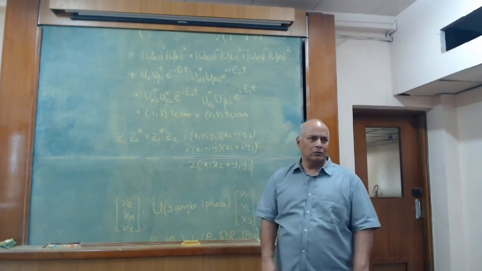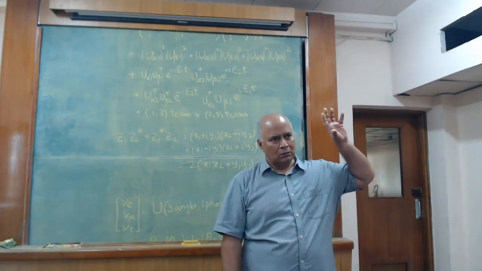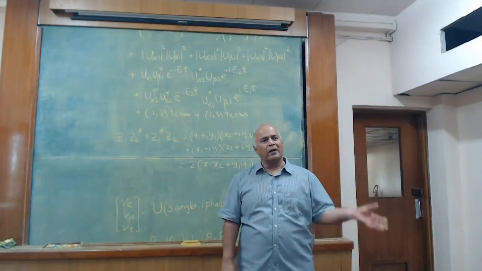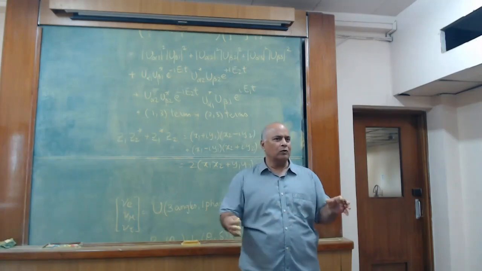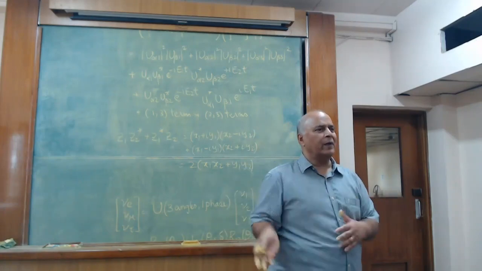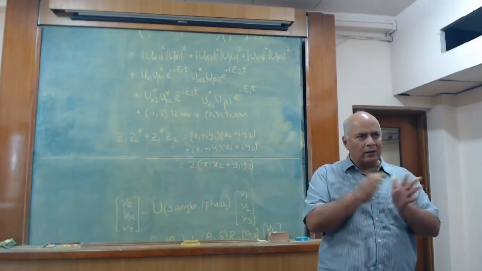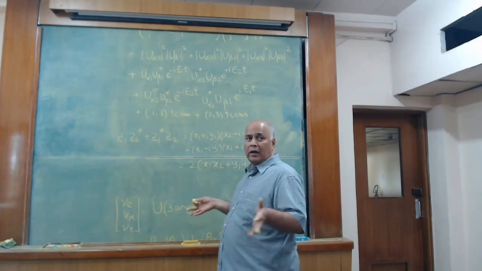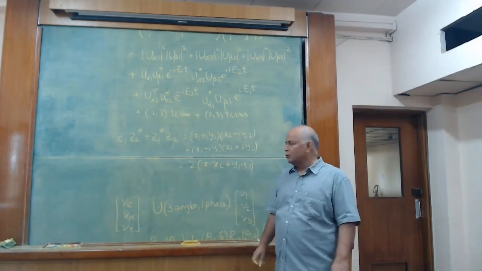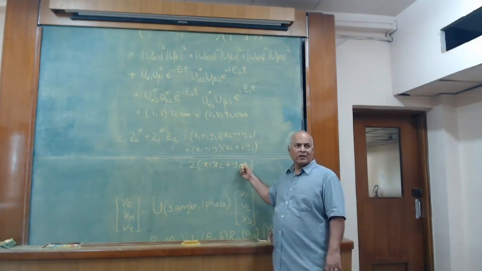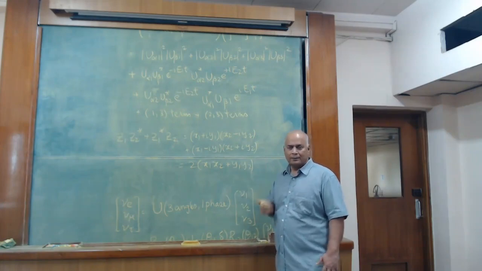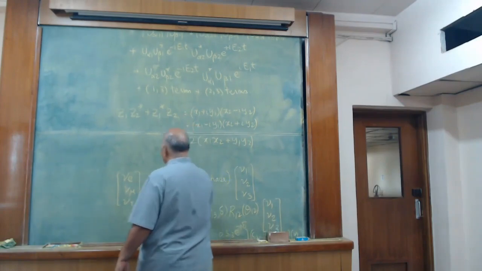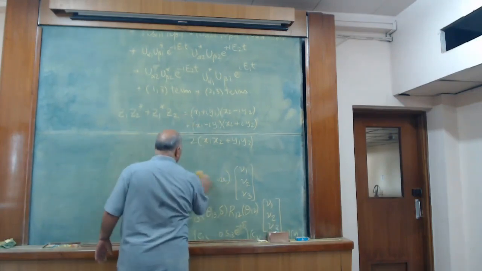But now we have the mixing coefficients partly real, partly imaginary, and of course phases are partly real and partly imaginary, and they are getting multiplied. So we need to take the real part of the product. So we have this extra term coming in.